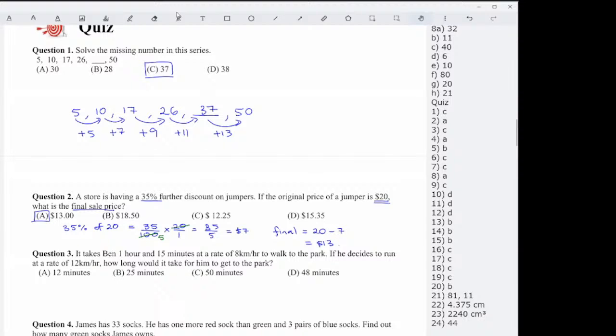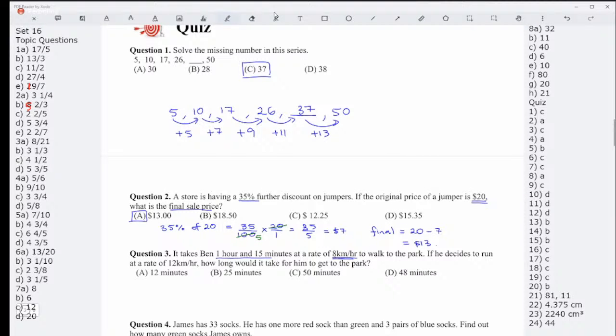Question 3. It takes Ben 1 hour and 15 minutes at a rate of 8 kilometers per hour to walk to the park. He decided to run at a rate of 12. How long would it take him? So let's find how far the park is at first. So the time here is 1 hour and 15 minutes. Hopefully everyone knows this is 1.25 of an hour.